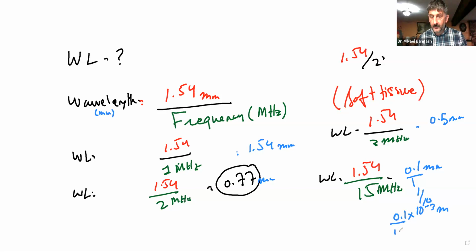This is just the 1/10. This 10 raised to the power minus 3 is a milli of the unit here. Clear? So it's mainly just straight out division.